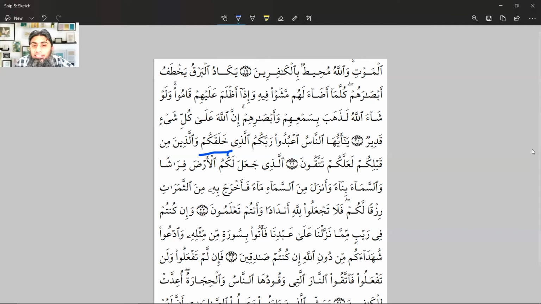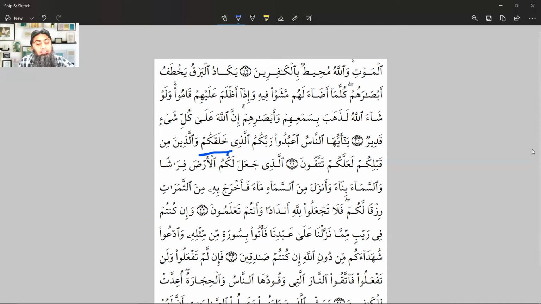I said one thing last time, and please pay attention. If you see a common ism with tanween, and after that you see a jar majroor phrase, there is a high possibility that that jar majroor will play the role of sifa for this ism, because raybin is an ism and it is nakira, common with tanween.